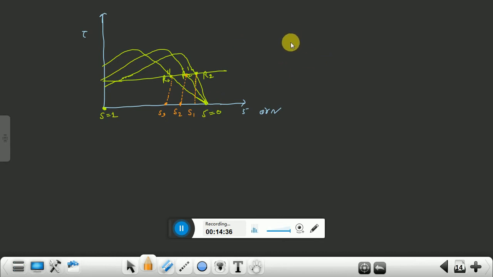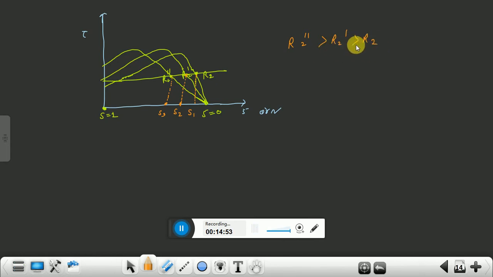In this case, R2 double dash is greater than R2 dash, and R2 dash is greater than R2.